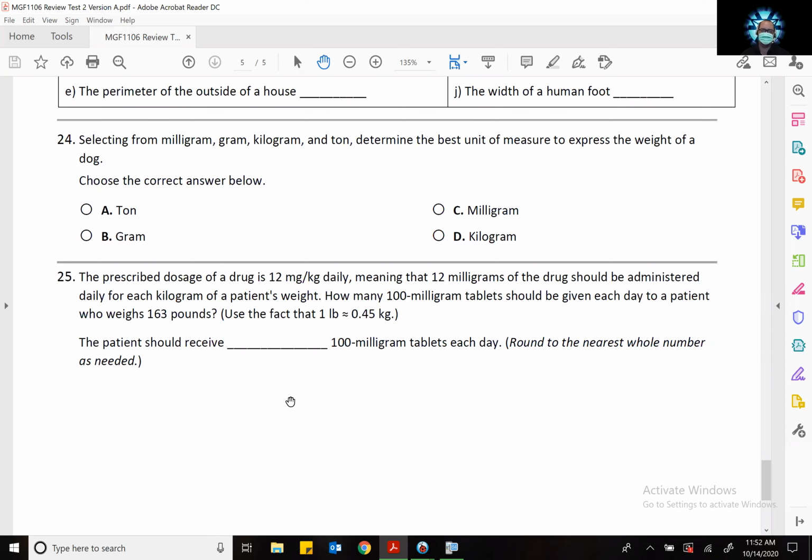How many 100 milligram tablets should be given each day to a patient who weighs 163 pounds? Fact, 1 pound is about 0.45 kilograms.